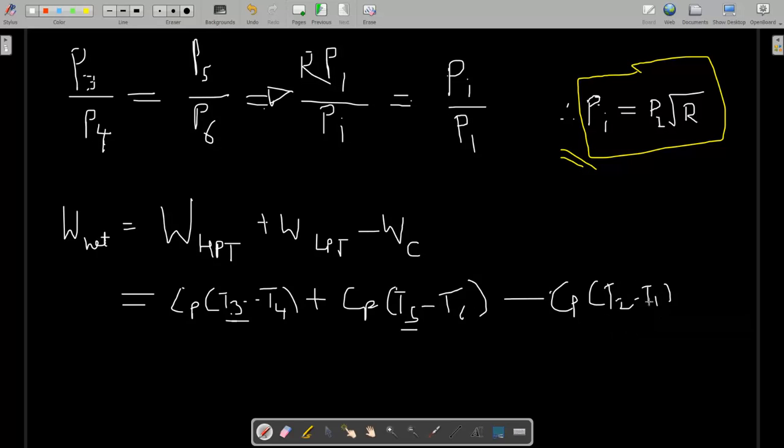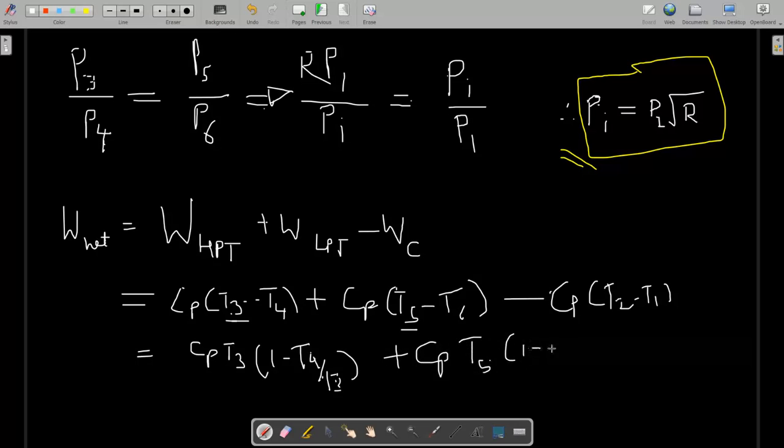So I have Cp T3 common, 1 minus T4 by T3, plus Cp into T5 into 1 minus T6 by T5, minus Cp T1 into T2 by T1 minus 1.